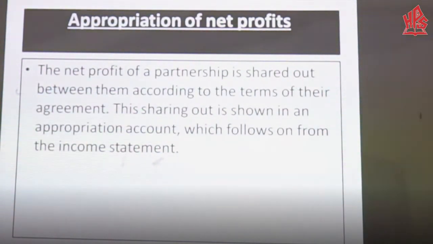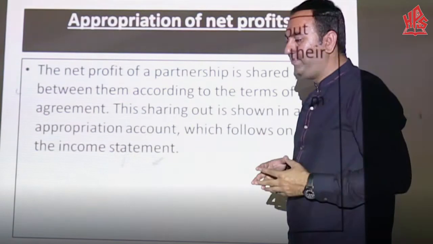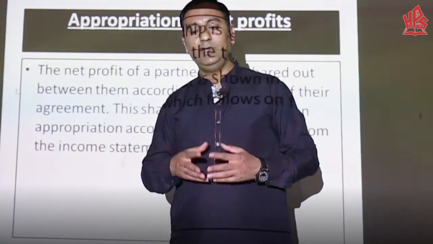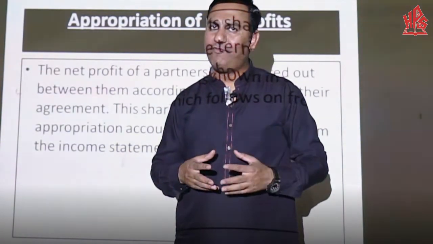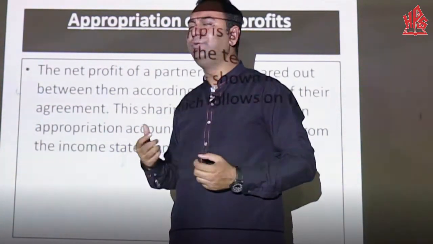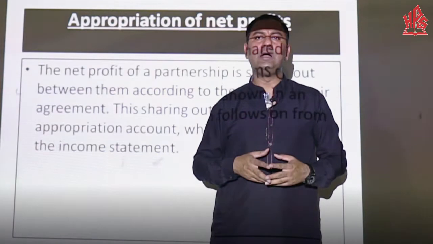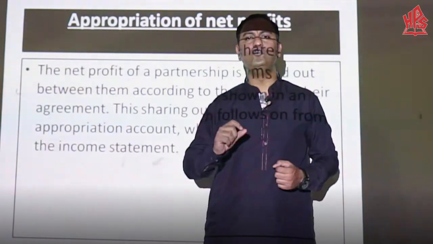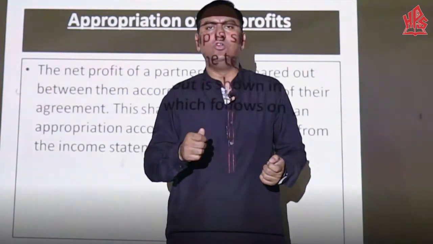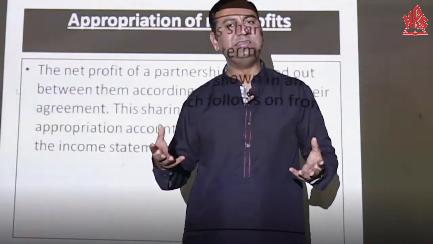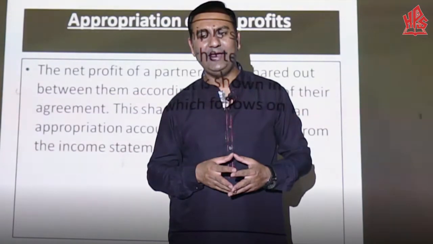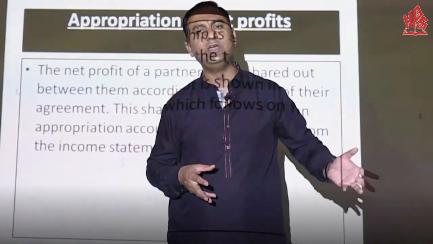Appropriation of net profit. This is the third part of the income statement in partnership. The first part is the trading account, the second part is the profit and loss account, and the third part is what? The appropriation account. The appropriation account is maintained to know the distributable profit or losses by the partners. It starts after net profit or operating profit and ends with the distributable profit.